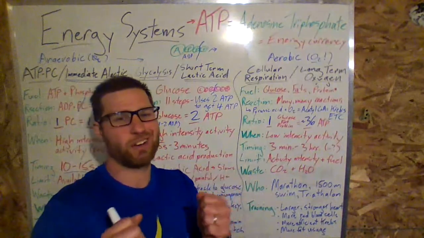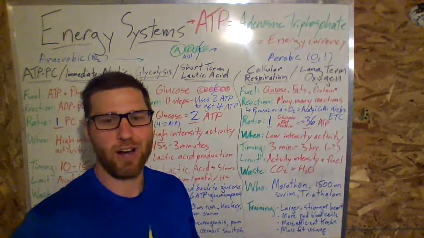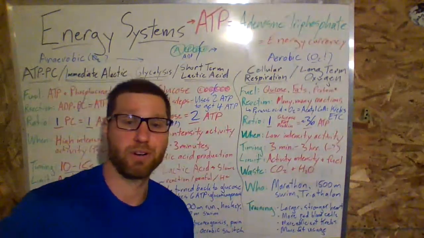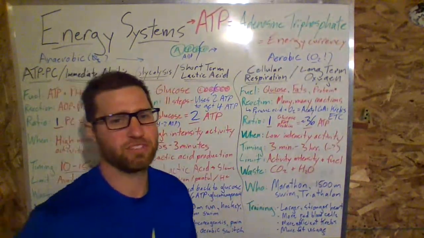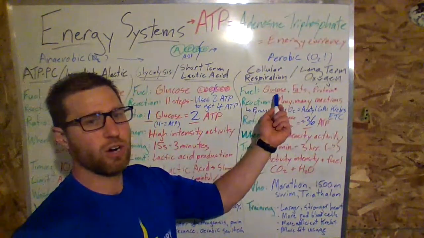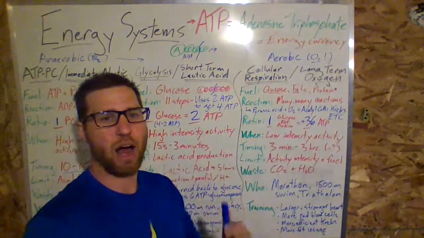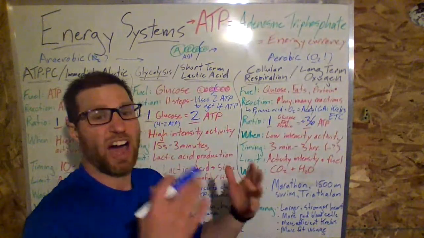You start breaking down your muscle in order to provide energy for yourself, which you don't want to do. It's like tearing down your house to make a fire in order to keep yourself warm. You wouldn't want to do that. So we really focus on glucose, carbohydrates, and fats for our long-term oxygen system. So I've got options.